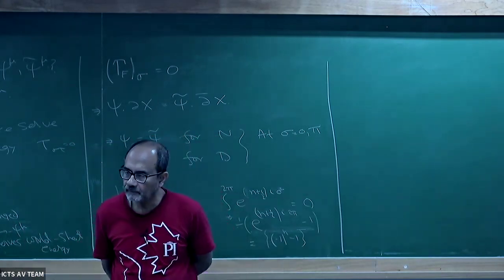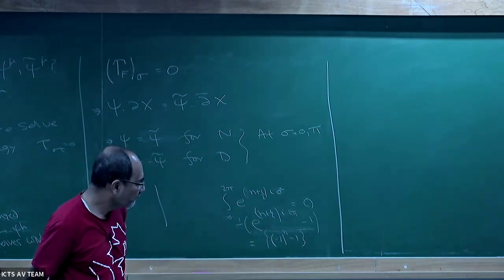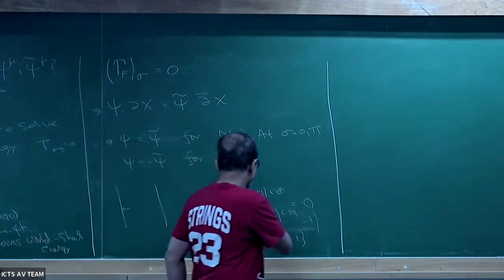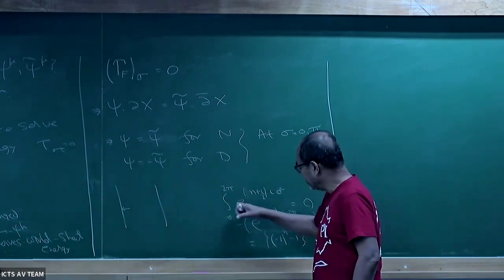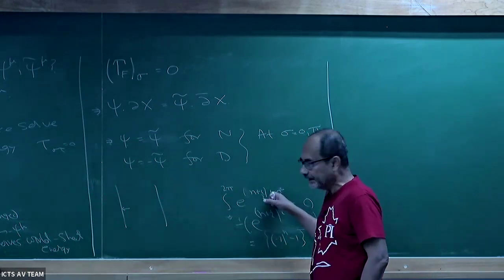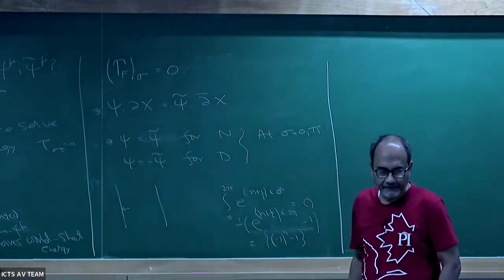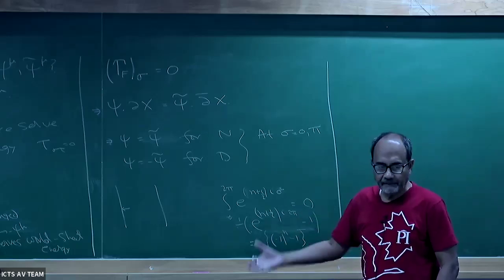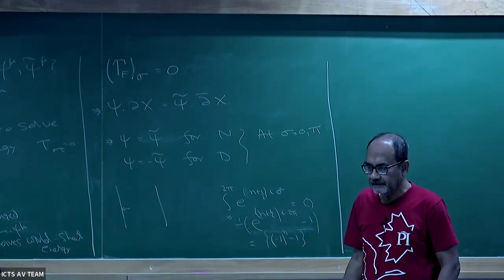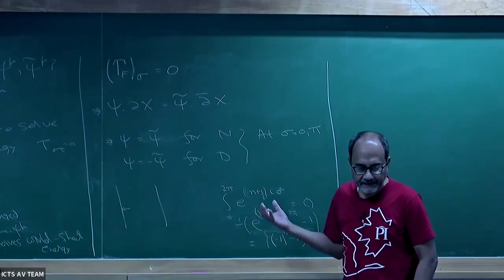Rather it would be a series, a sum over this actually, because all modes will contribute. True. But look at a given n. If you do this integral from 0 to 2 pi, of course, it will give some fixed answer. But suppose you do it from a to 2 pi plus a, that will give a different answer. So it's in that sense that it's ill-defined.